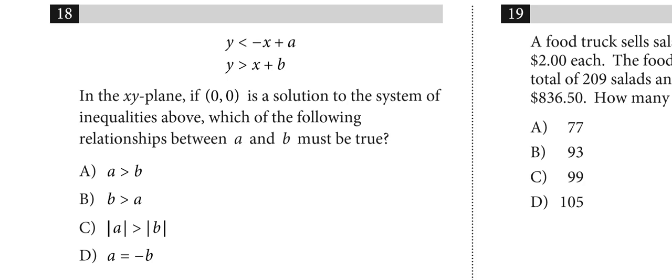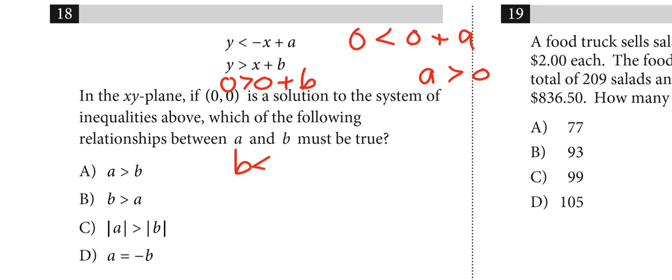Plug it in. Yeah. 0 is less than 0 plus a. Well, that's pretty easy. a has to be greater than 0. 0 is greater than 0 plus b. That must mean that b is less than 0. So a is a positive number, and b is a negative number.